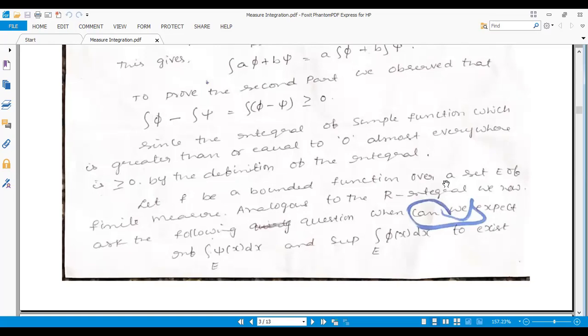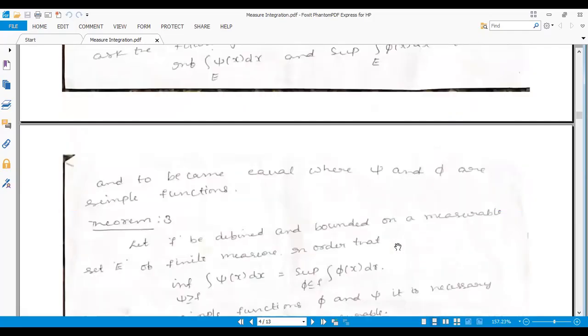Let f be a bounded function over a set E of finite measure. Analogous to the Riemann integral, we now ask the question: when can we expect the infimum of the integral of psi(x) dx and the supremum of the integral of phi(x) dx to exist and to become equal, if and only if, you must remember, psi and phi are simple functions.